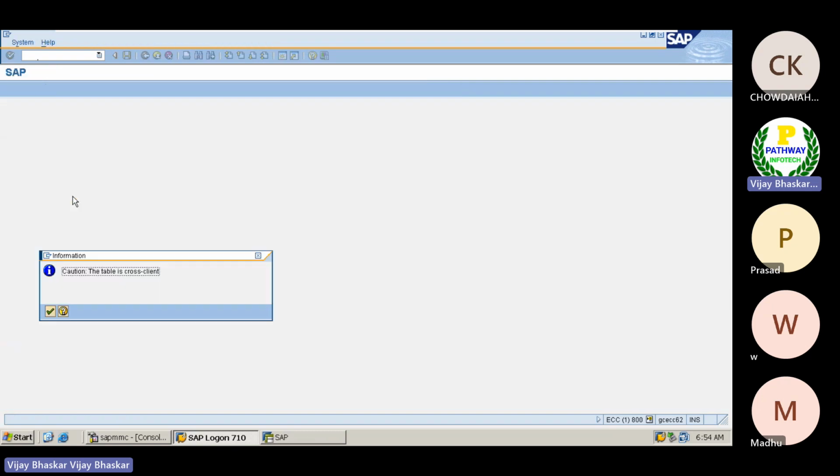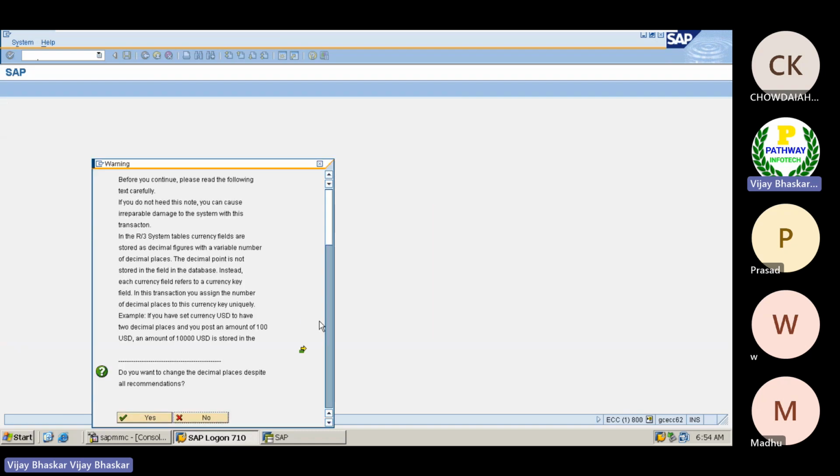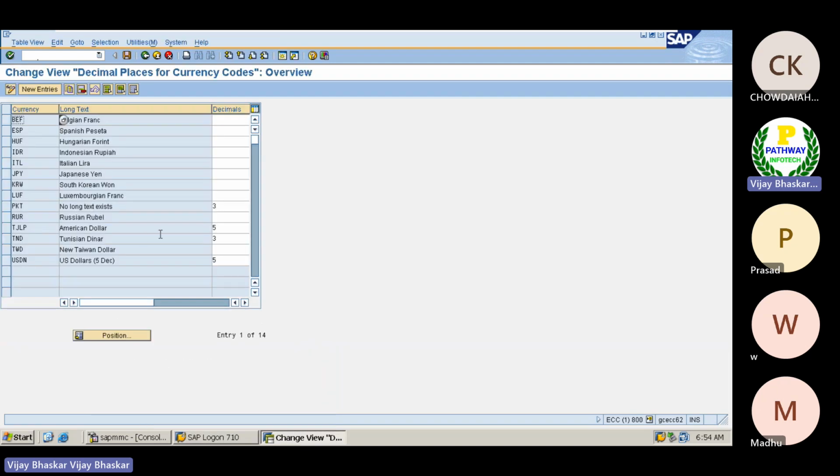Some currencies are low valued currencies. In such a situation, you can see here how many decimal places you want. After the amount, the decimal places will be three places.